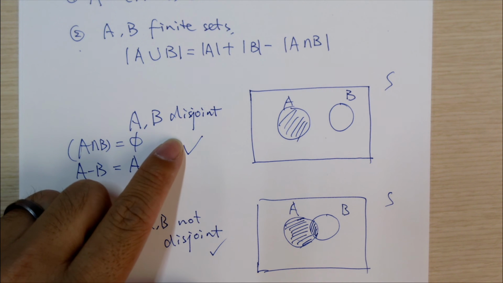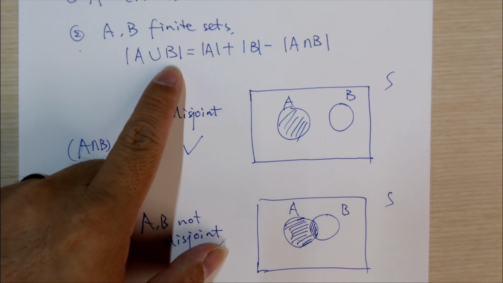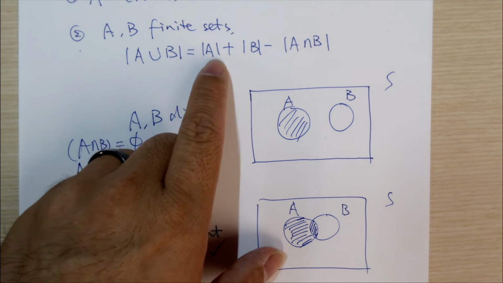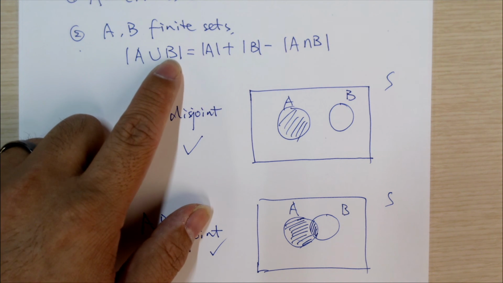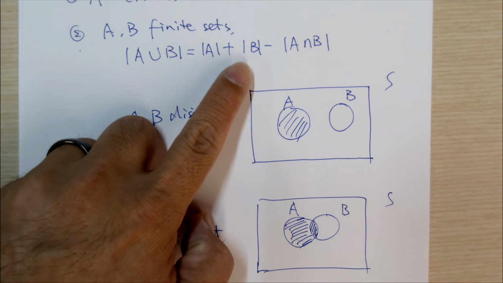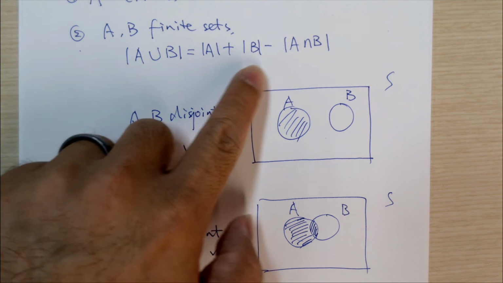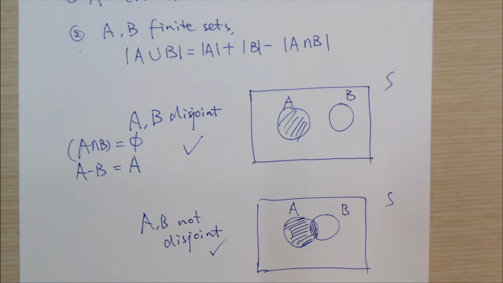If those two are disjoint, the cardinality of A union B is exactly the cardinality of A plus the cardinality of B, right? Because this part is going to be 0. There's no element in common here, right?